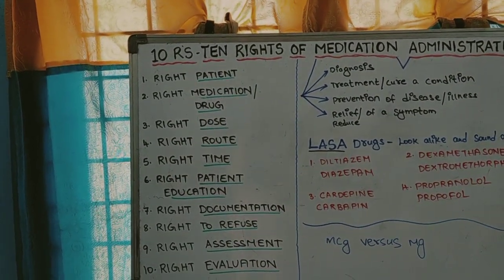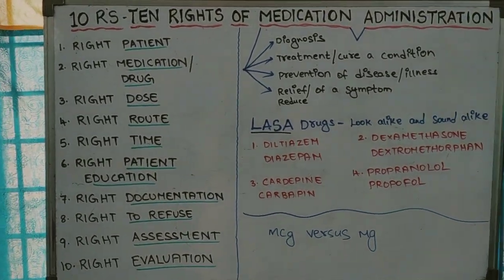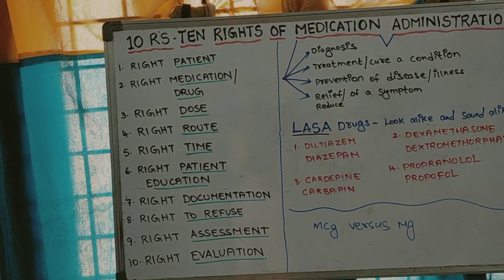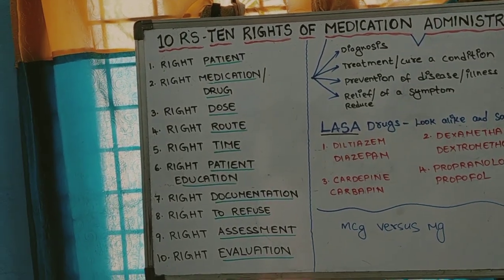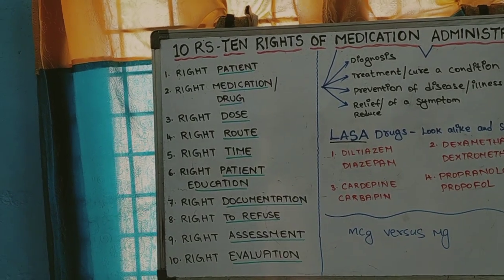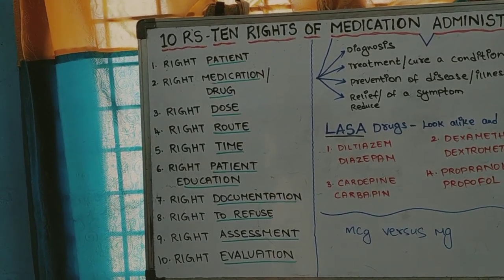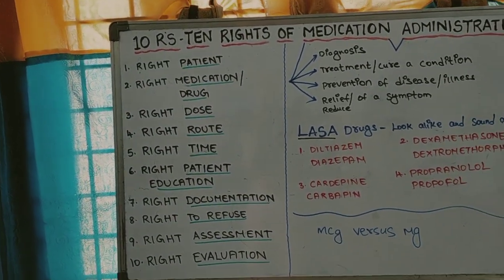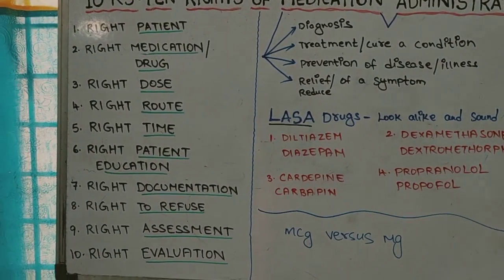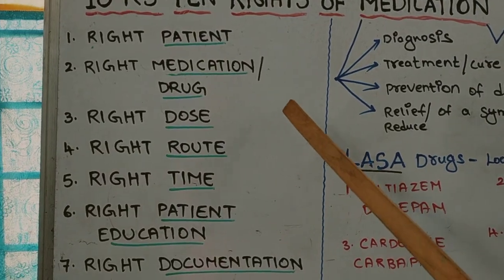Always calculate the drug dose properly, and have another nurse calculate it to double check that what you have calculated is correct. Also consult with the patient and their families about the usual doses that they used to administer at home. These all must be done to ensure that the right dose is given to the patient.